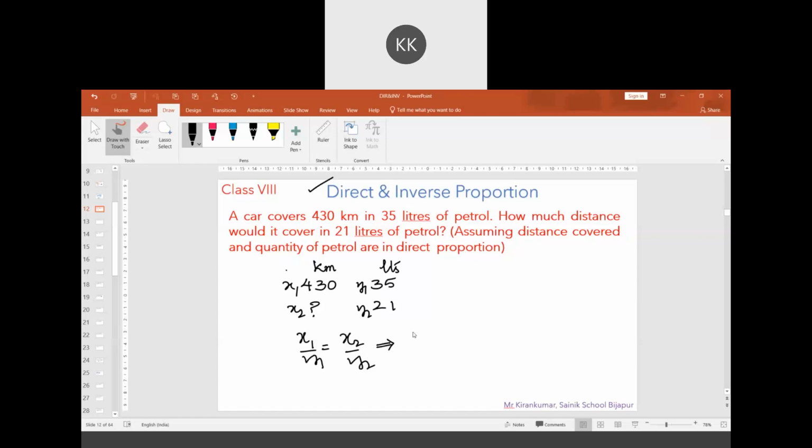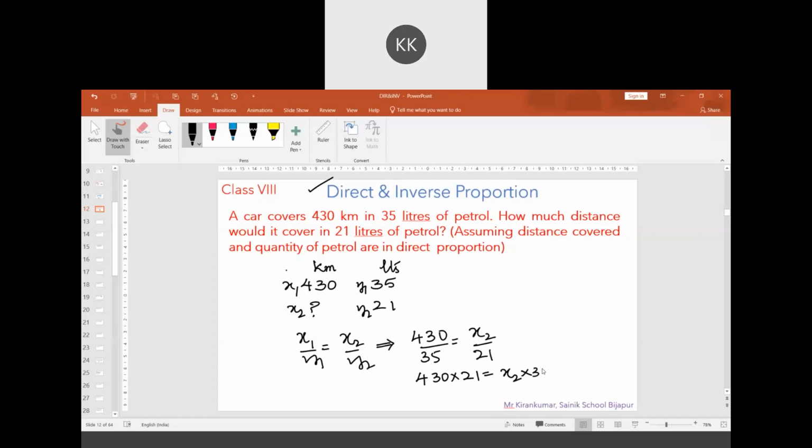We get 430 upon 35, which will be equal to x2 upon 21. If you do cross multiplication, it is 430 into 21. It's like the product of extremes.